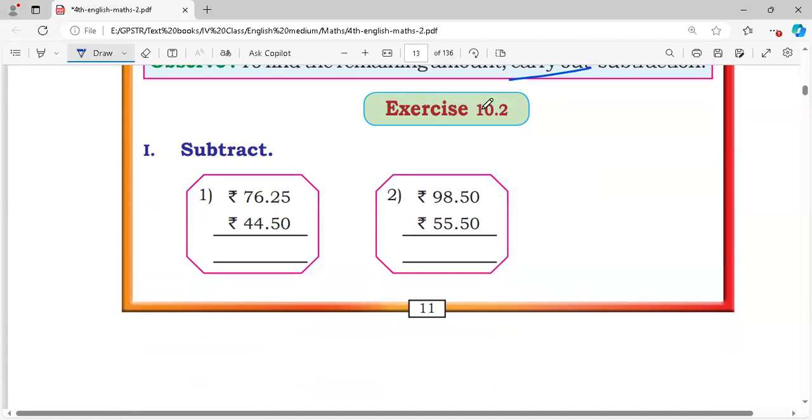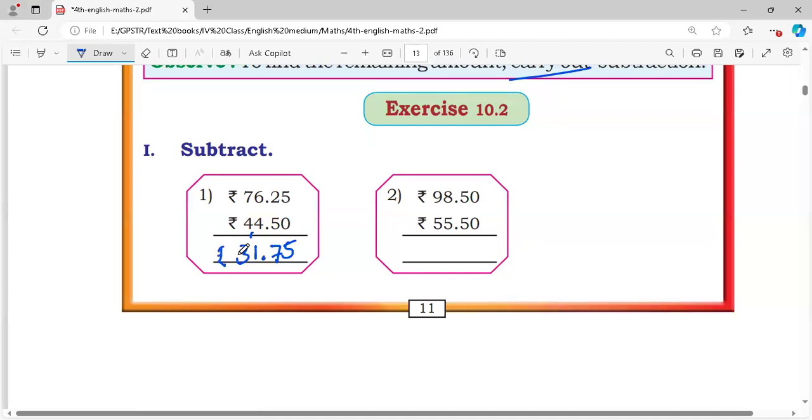Exercise 10.2, subtract. 5 minus 0, 5. 2 minus 5 is not possible. Take a 10 from the nearby house. It becomes 12. 12 minus 5, 7. Carry 1. 6 minus 5, 1. 7 minus 4, 3. 31 rupees 75 paise.